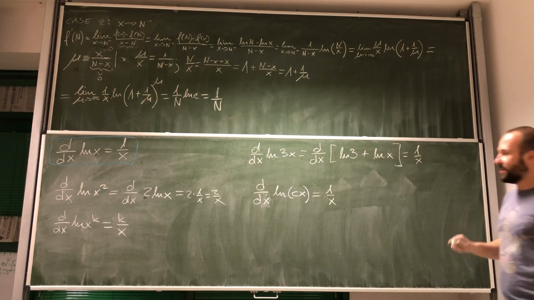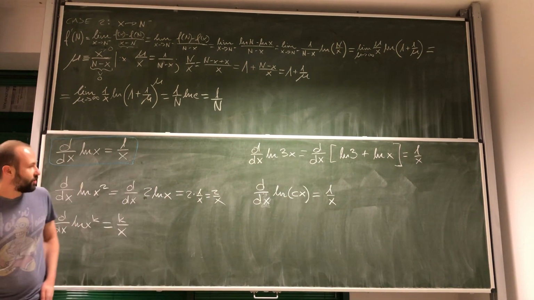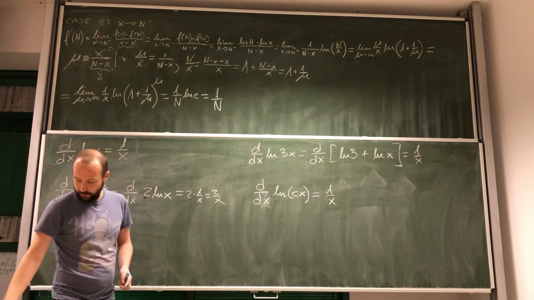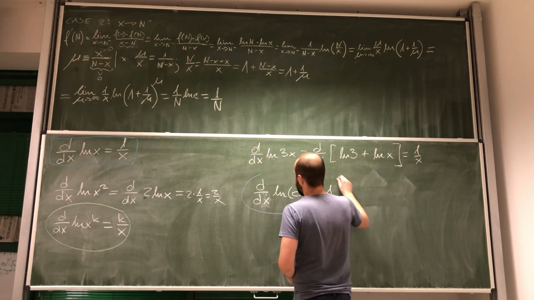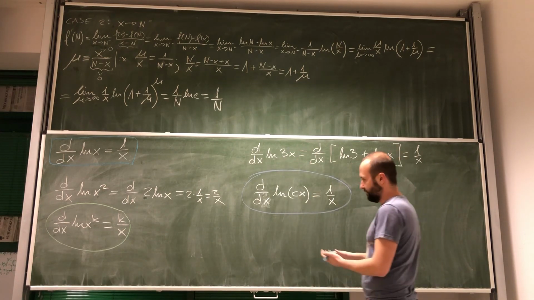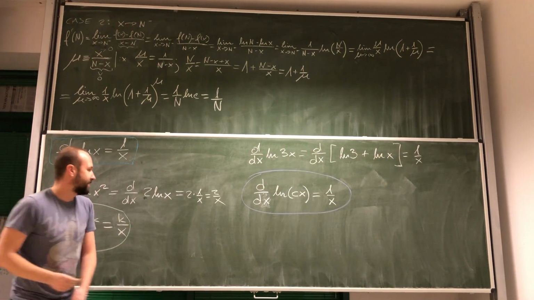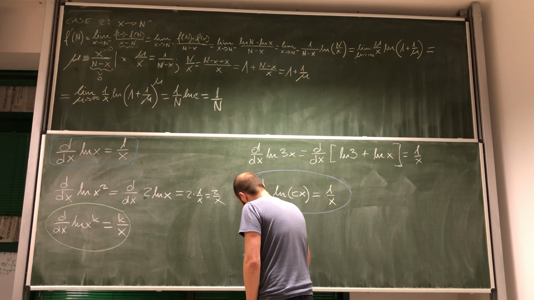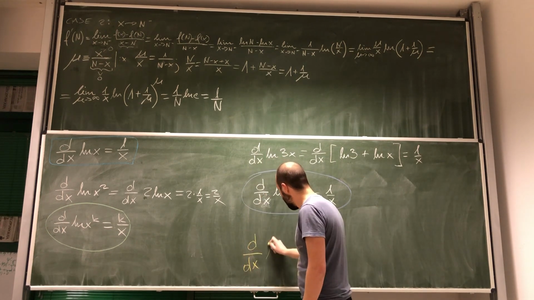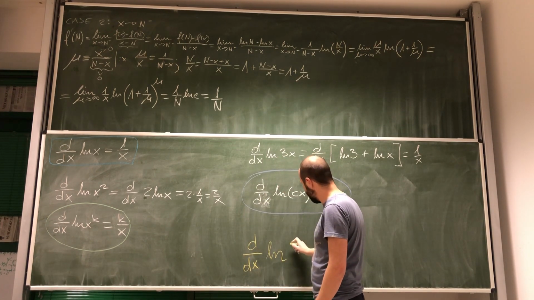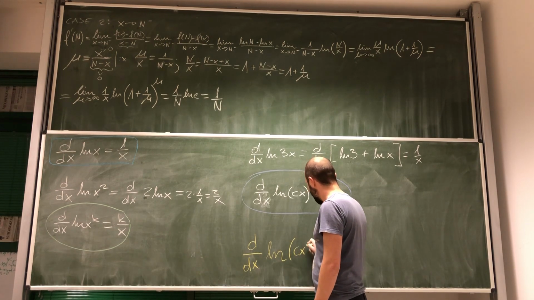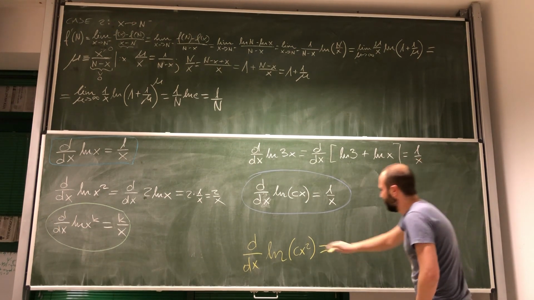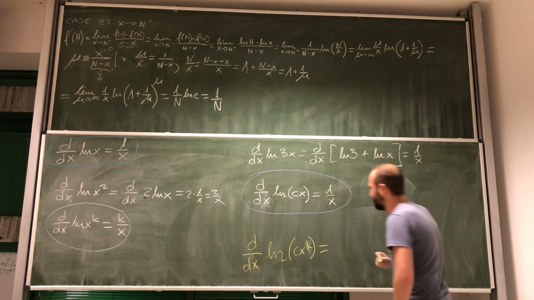And look, if I'm going to now combine this rule with this rule, what am I going to get? Well, now I'm going to get that if I take the derivative of the natural logarithm of c x to the k, of course, we want more general.